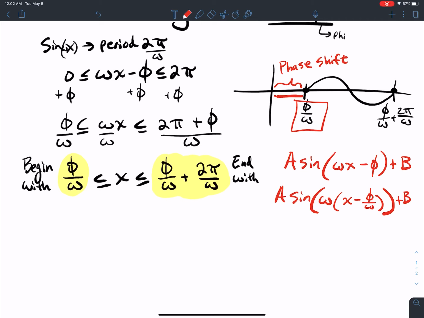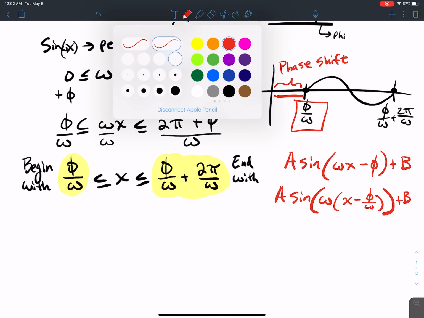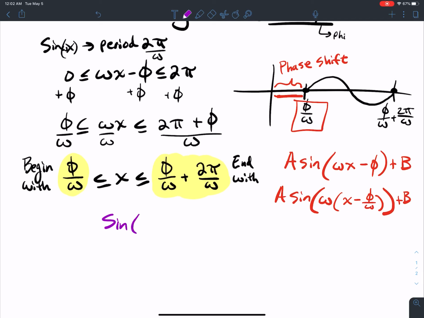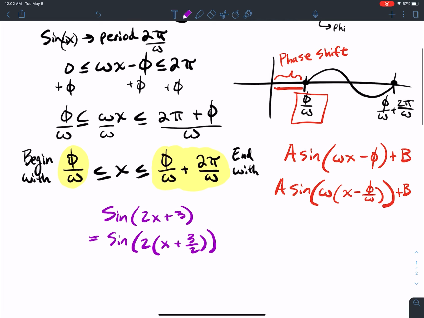If you have a coefficient in front of your x here, you're going to have to factor that out as you work through the problem. Say it's like the sine of 2x plus 3. This would be the sine of 2 times parentheses x plus 3 over 2.